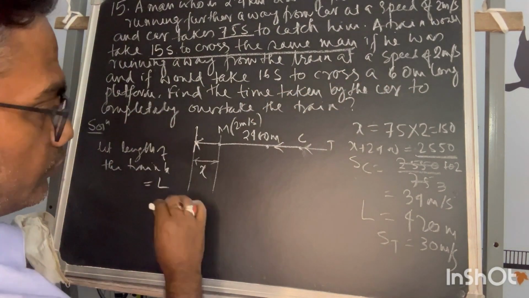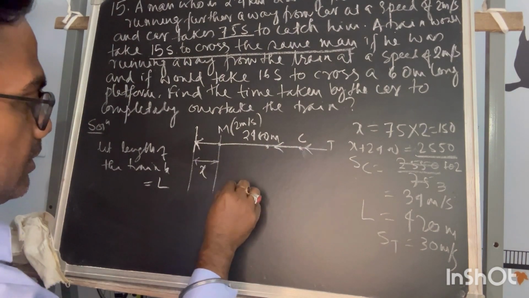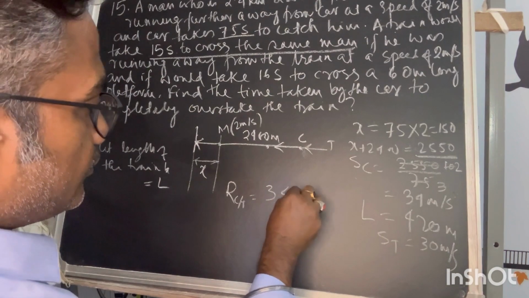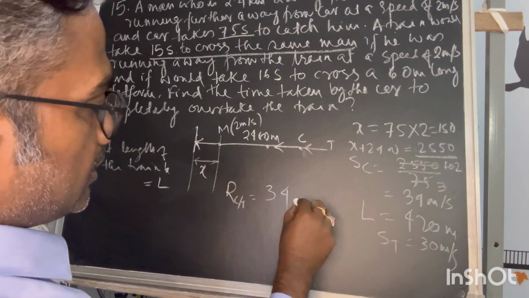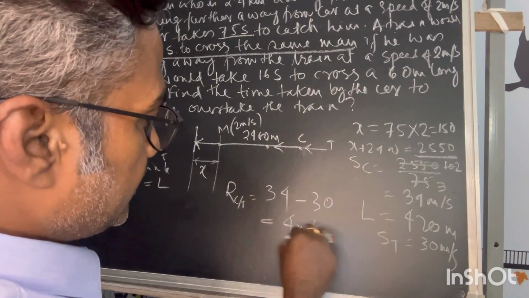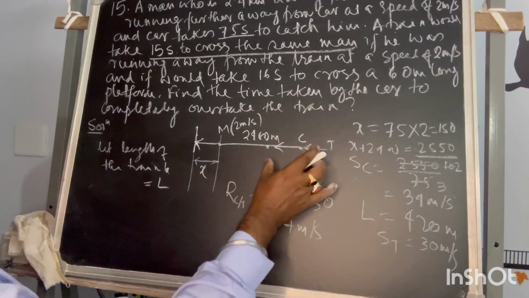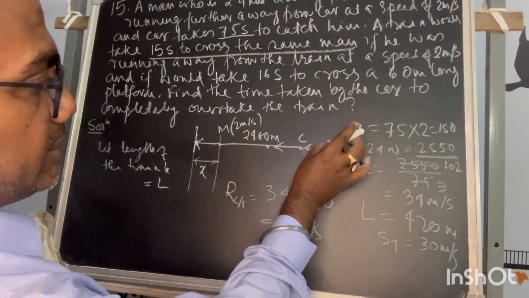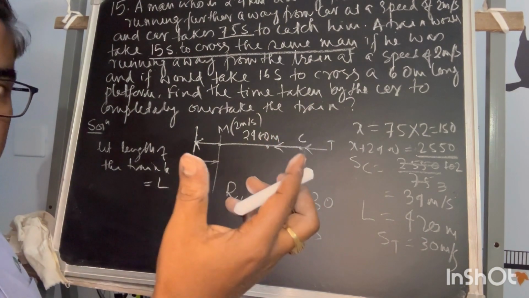Okay, if that is being concluded, because the car has to completely overtake in the same direction, their relative velocity between the car and the train is what? 34 is the car's speed minus the 30. So this 4 meters per second. With respect to the train, the car length we can take as negligible.